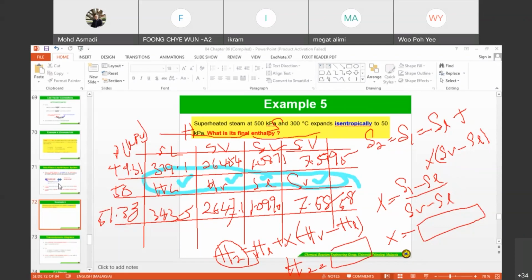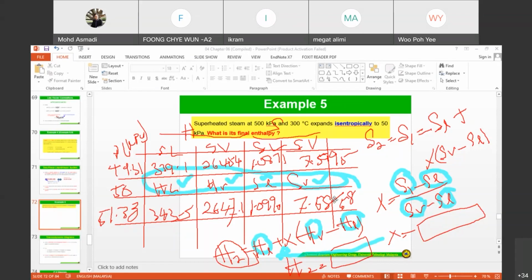S1 you get from table F1. So you can get H2.